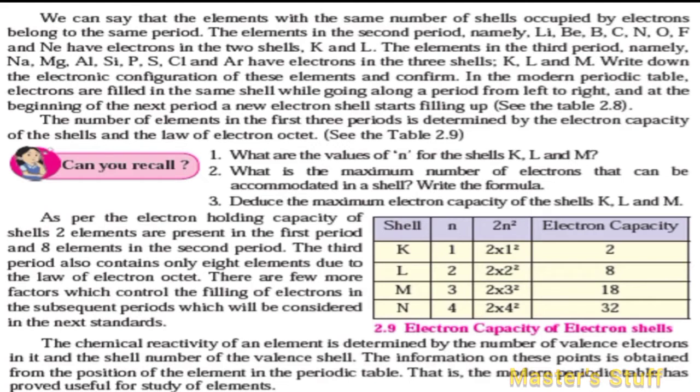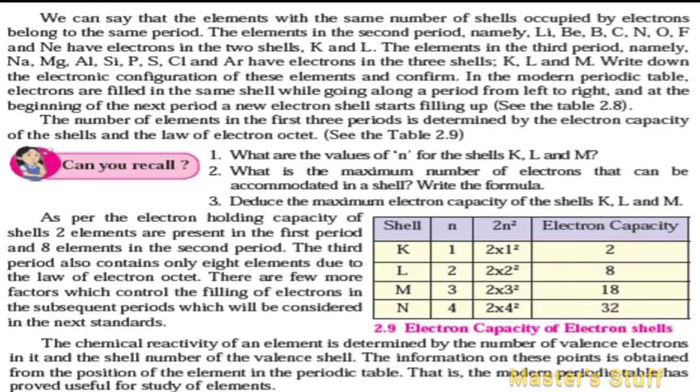The elements in the same period have the same number of shells. That is, the period number is equal to the number of shells of an element.